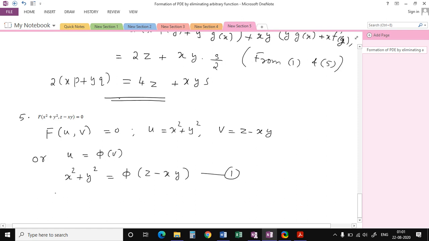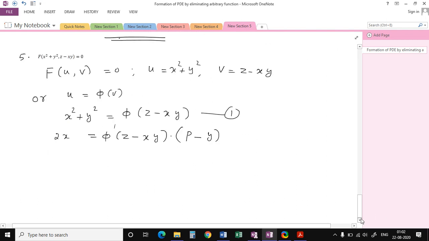Now differentiate equation number 1 partially with respect to x, so that we will get 2x plus derivative of y square is 0, that is equal to phi dash of z minus xy multiplied by derivative of z minus xy, that is p minus derivative of x is 1 into y. So that is one equation.